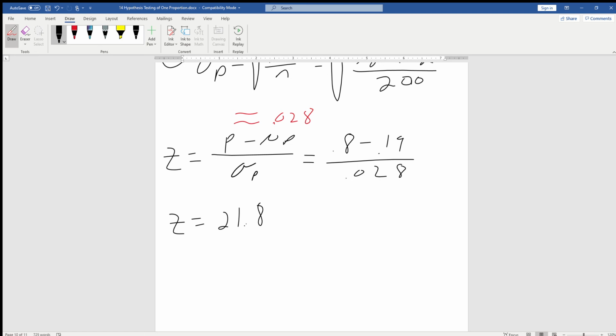All right. Now we're going to go into the z distribution, or into the z table, and since z is greater than 3.9, we look down into the fine print. And remember, if the z value is bigger than 3.9, then what that means is that the p-value is approximately 1.